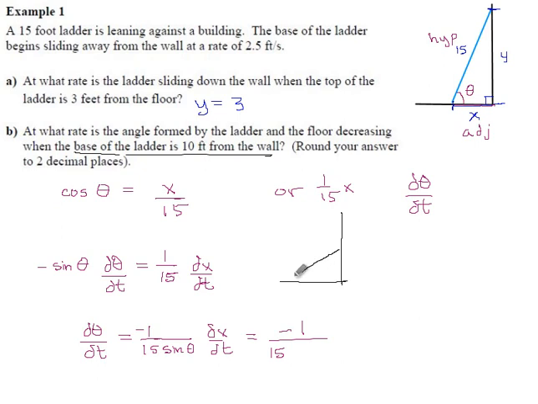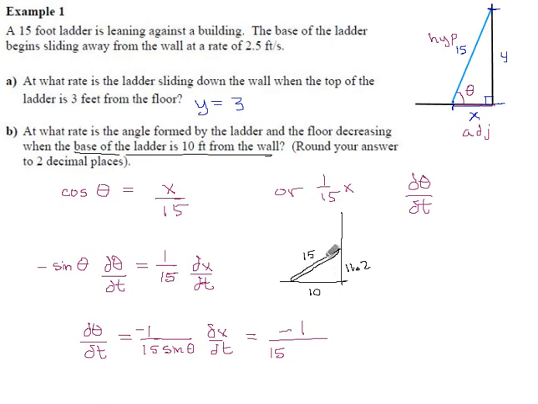So our ladder is more like that. It's still 15 feet long. X is 10. This side is going to be 15 squared minus 10 squared, which is 225 minus 100 is 125, and the square root of 125 is 11.18, 11.2 we'll say.